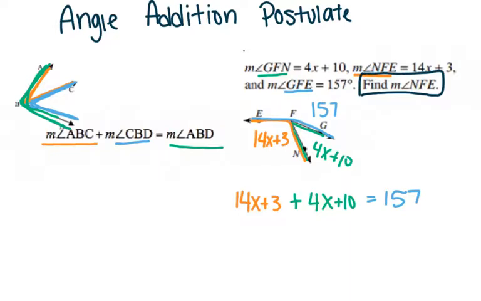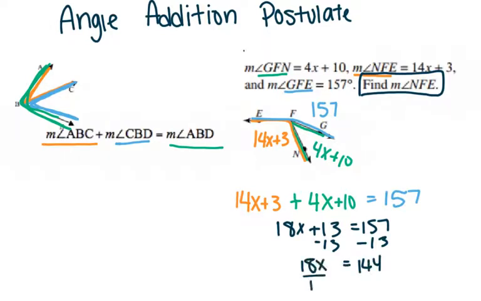So in order to do that, I'm going to get my like terms together. I'm going to get rid of the 13 by subtracting. And I'm going to get rid of the 18 by dividing. And I get x is equal to 8.